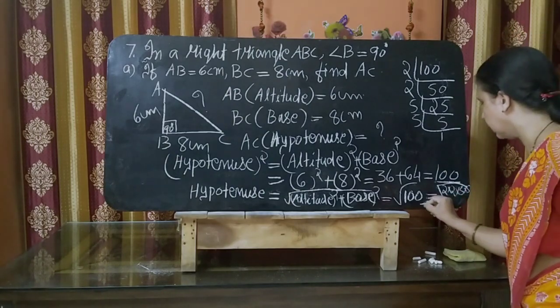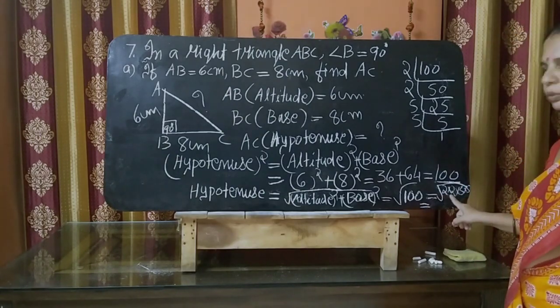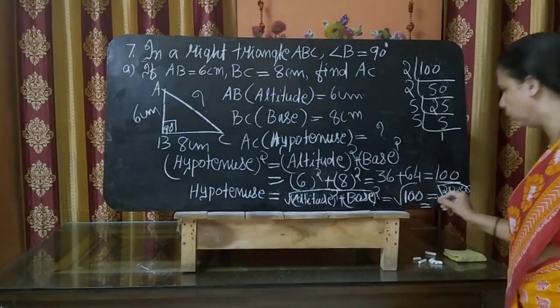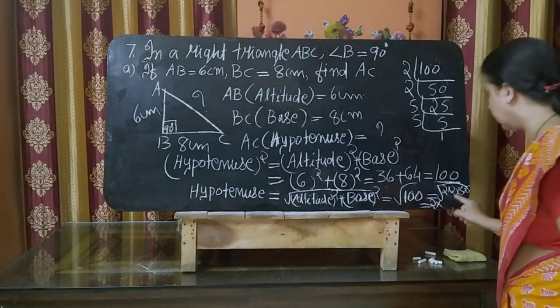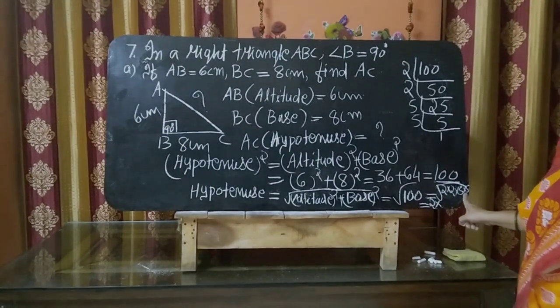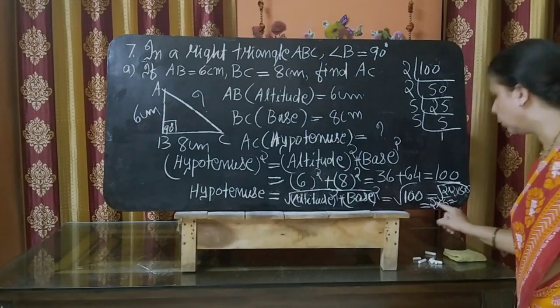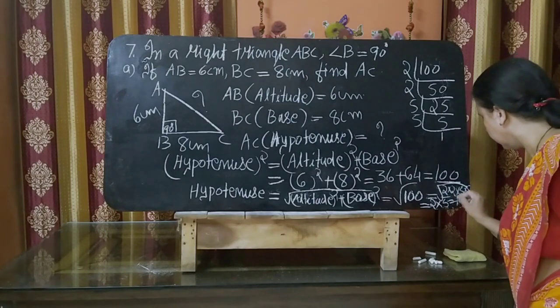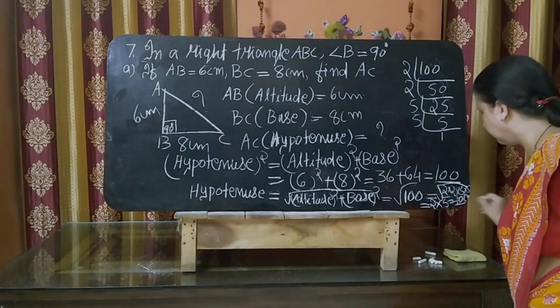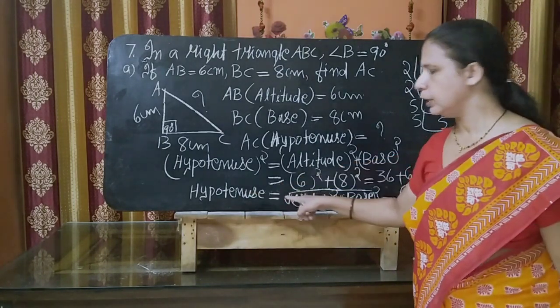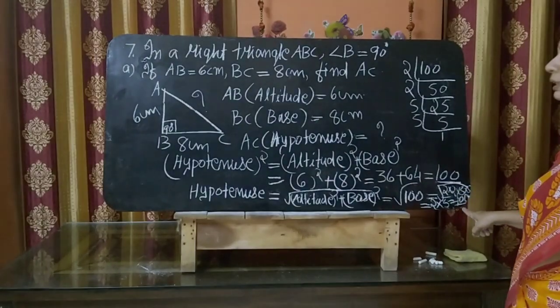Take one from the pair 2 into 2, and one 5 from 5 into 5. Then 2 fives are 10. Hypotenuse equals 10 centimeters.